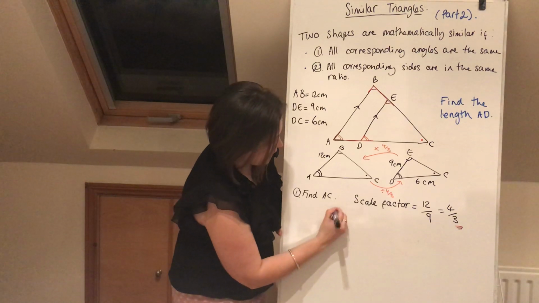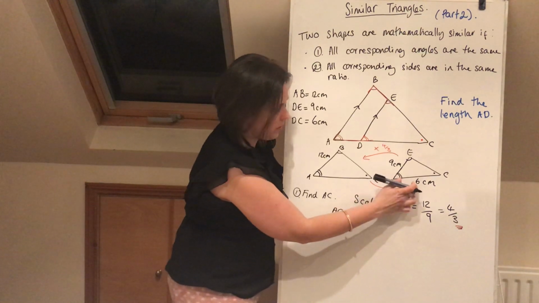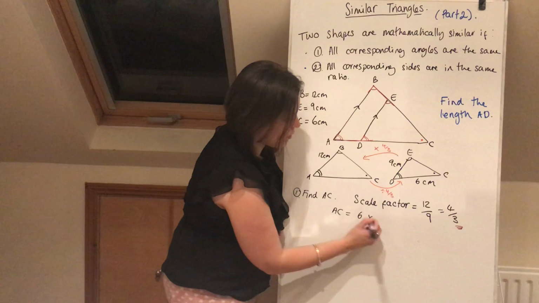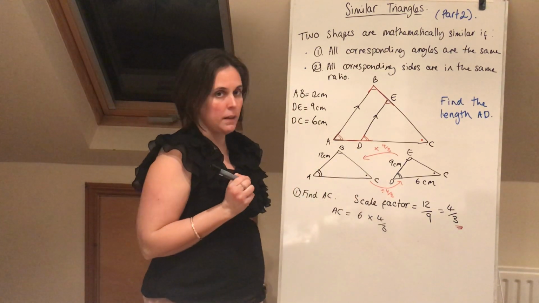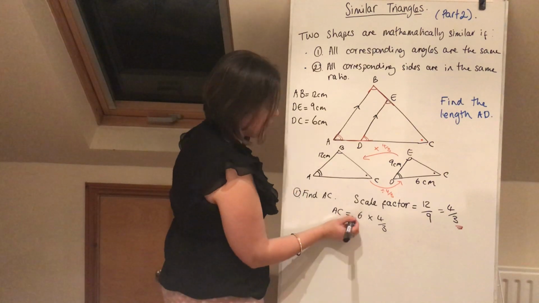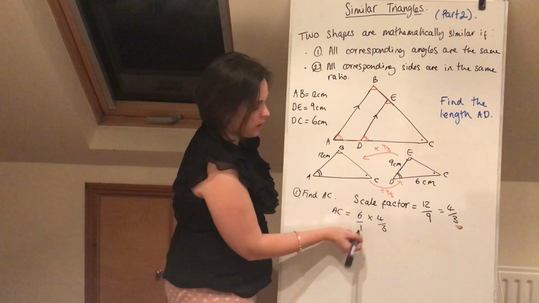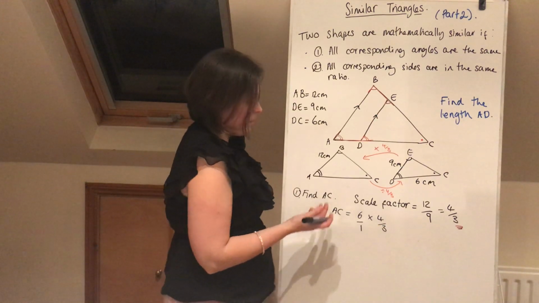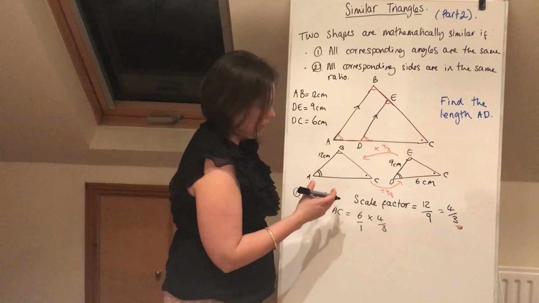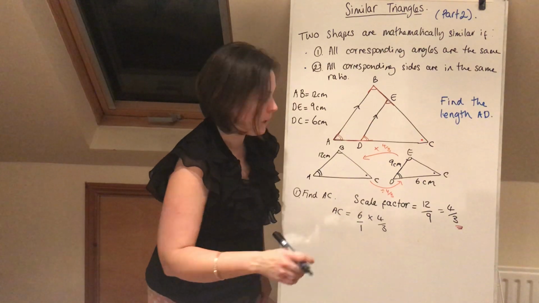So AC is going to be equal to that length, which is 6, multiplied by our scale factor, which is 4/3. If this was a non-calculator paper, turn your 6 into a fraction, so it's 6/1, and then follow your rules for multiplying fractions. Cancel first any numerator with any denominator.